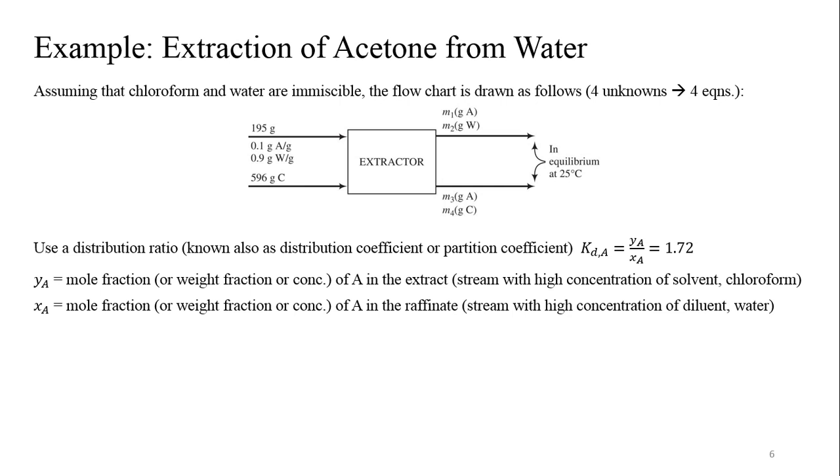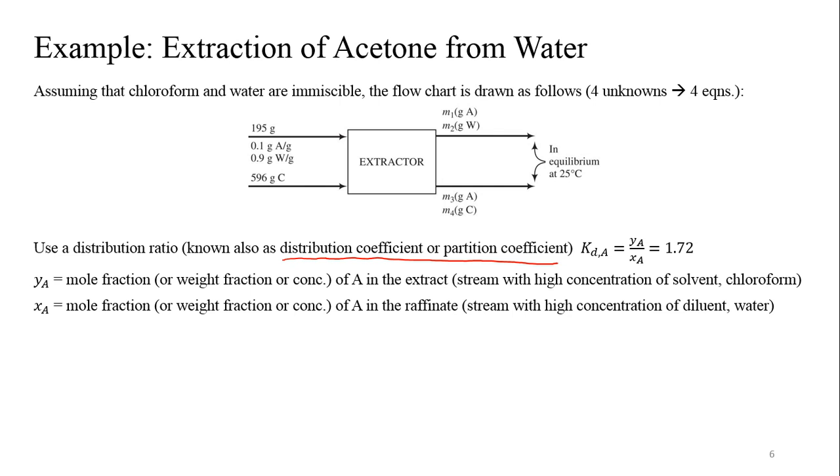We're going to use something that we're going to call a distribution coefficient or a partition coefficient. Okay, it goes by either term here. In this case, it's going to be specific for this system. So it's going to tell us how the acetone partitions between water and chloroform.